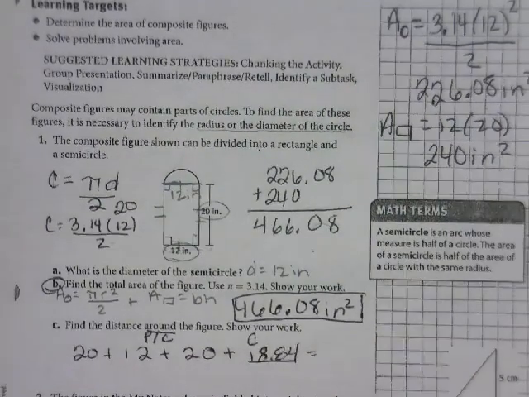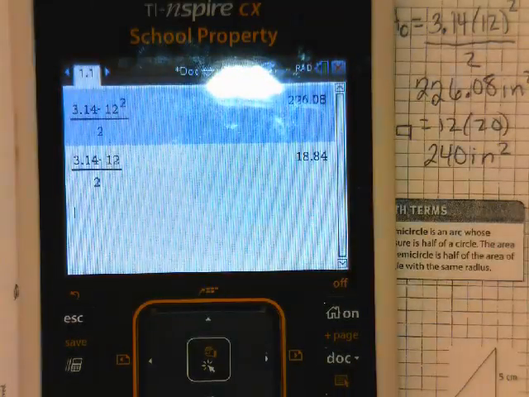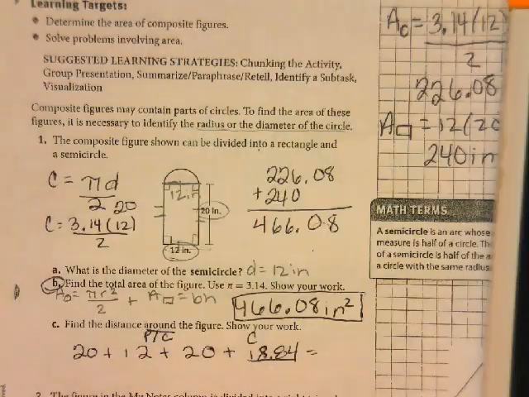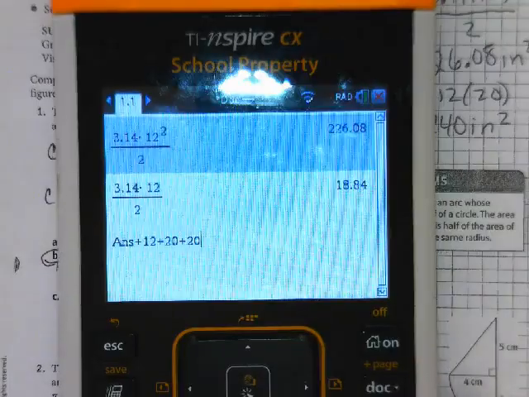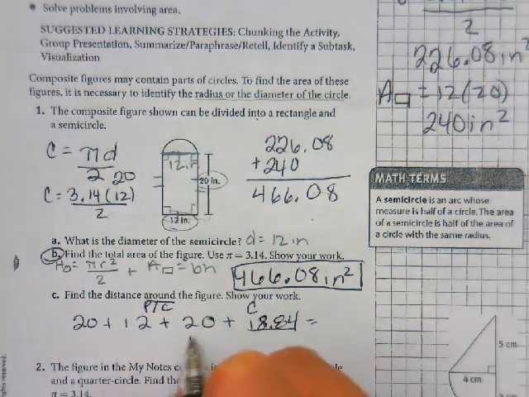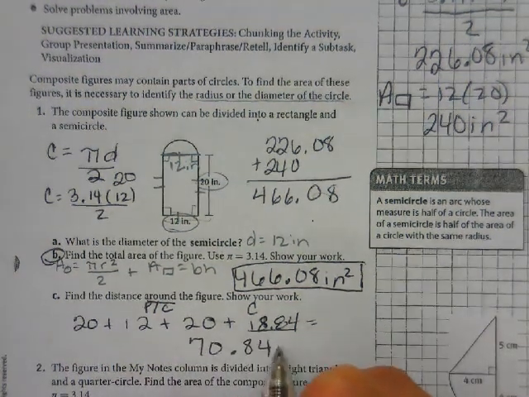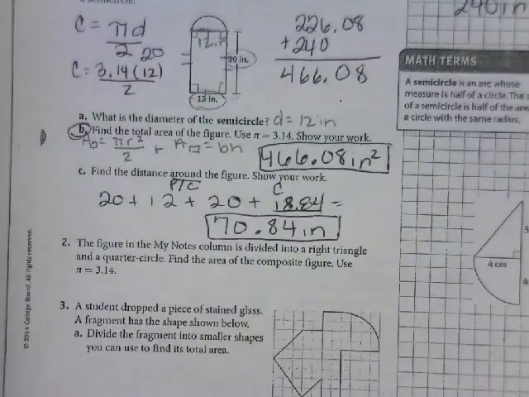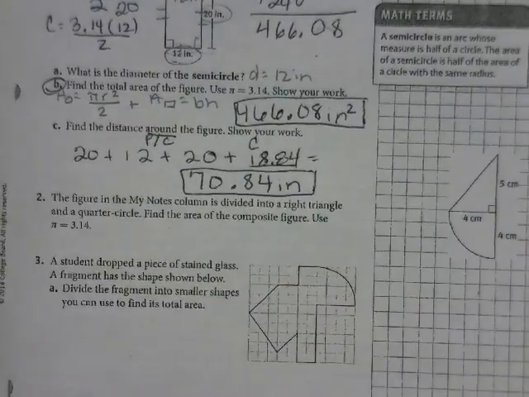And then we can add all of those up. So 18.84 plus the 12 plus the 20 plus the 20, which is what we had here. 70.84. Now, remember, that is just inches. Our units are not squared on circumference and perimeter.